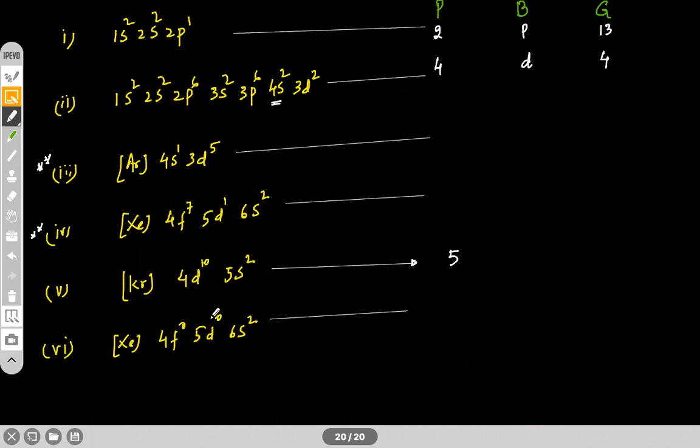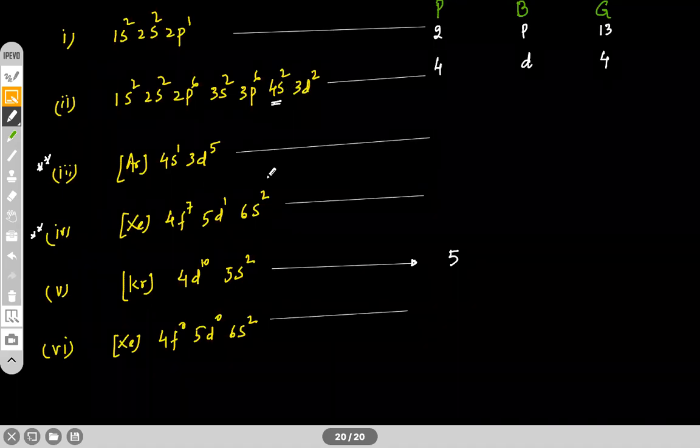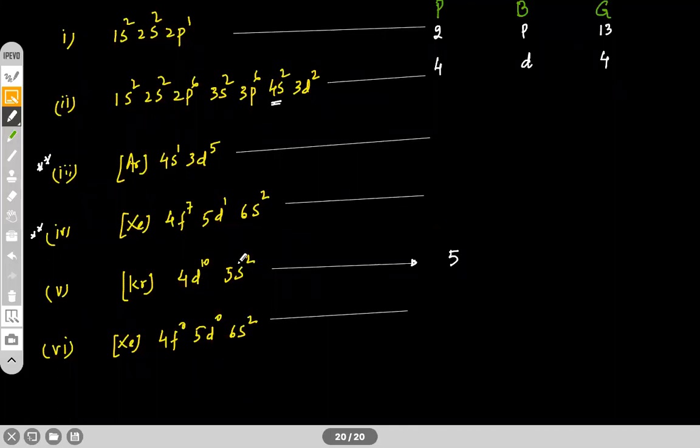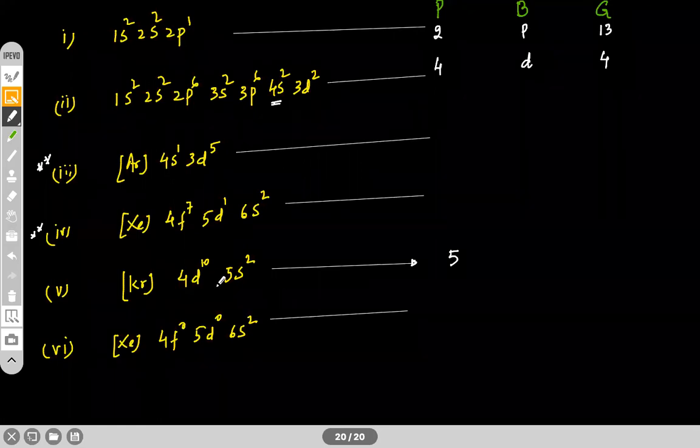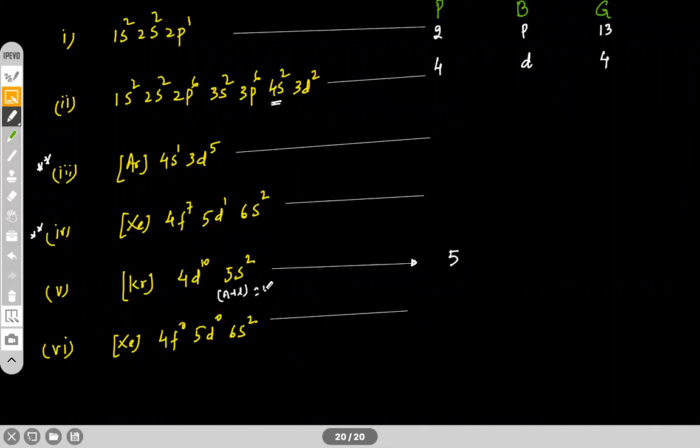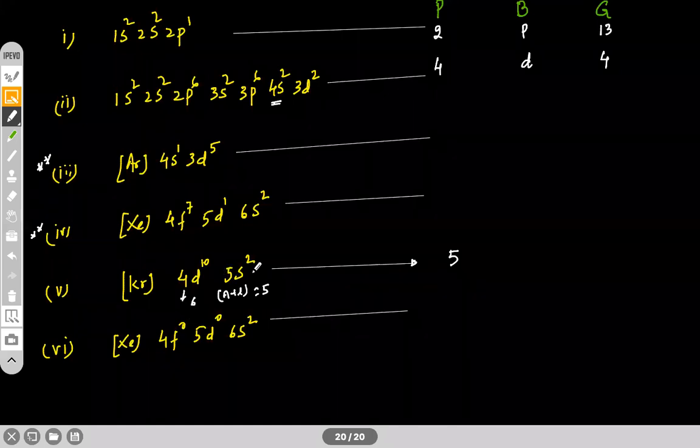It is the d block, not s. Again, it's the same thing: I have written 5s later, after 4d, but 5s fills first. What is the n plus l value of 5s? It is 5. The n plus l value of 4d is 6. So obviously the energy of 5s is lesser. It should fill first, and then the electron goes into 4d.